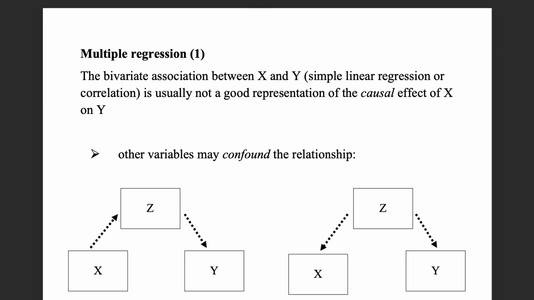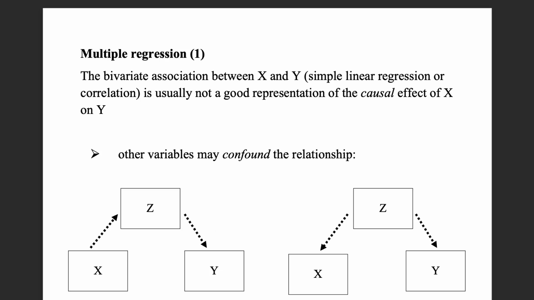For instance, we might have other variables that act as what we sometimes call confounders, that confound the relationship. Roughly speaking, there are two general situations that might be in place. You might have a situation where there is some third variable, let's call it Z, that is in between X and Y. So differences in our independent variable lead to differences in that Z variable, and differences in that Z variable lead to differences in our Y variable.